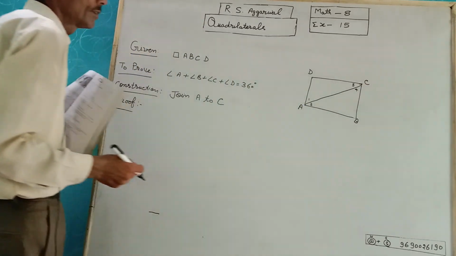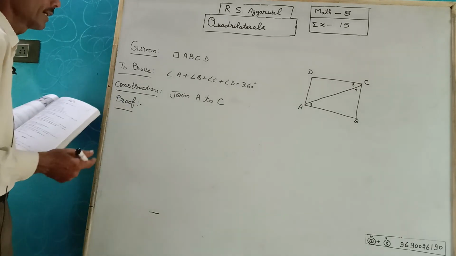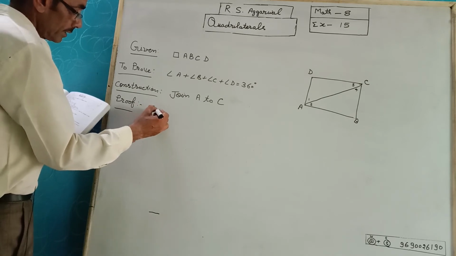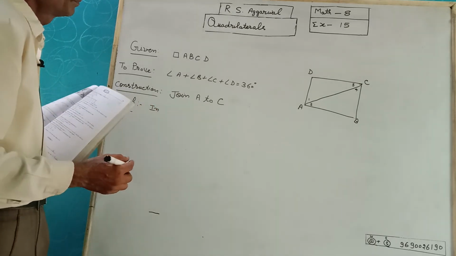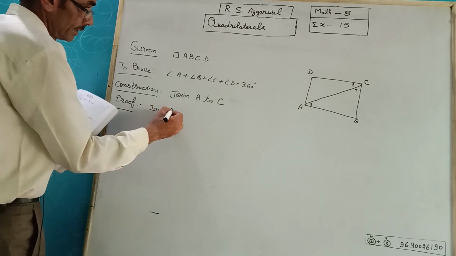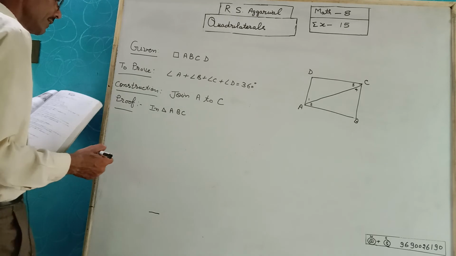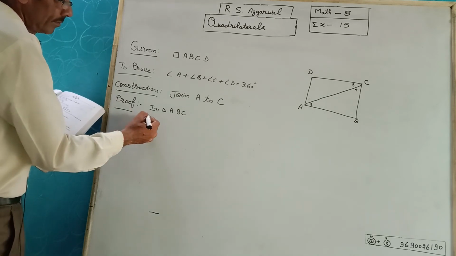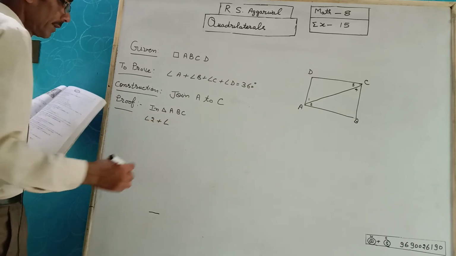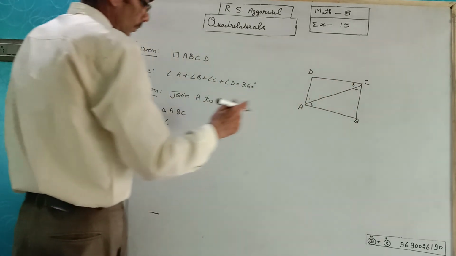This line is not a bisector of angle A or angle C. Of the two triangles, we take the first triangle ABC. In triangle ABC, the interior angles of the triangle are 2, B and 4.